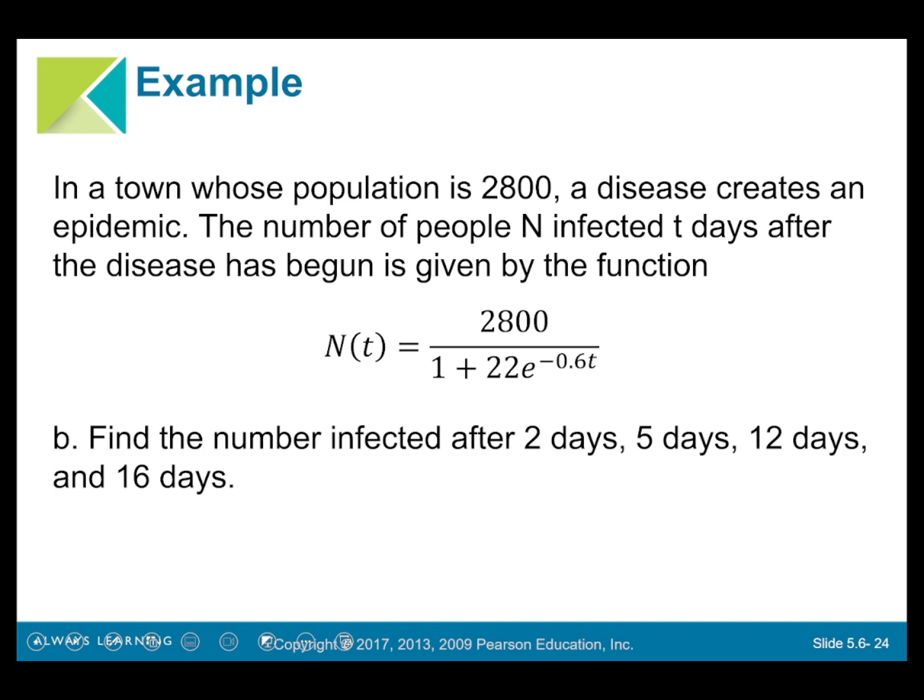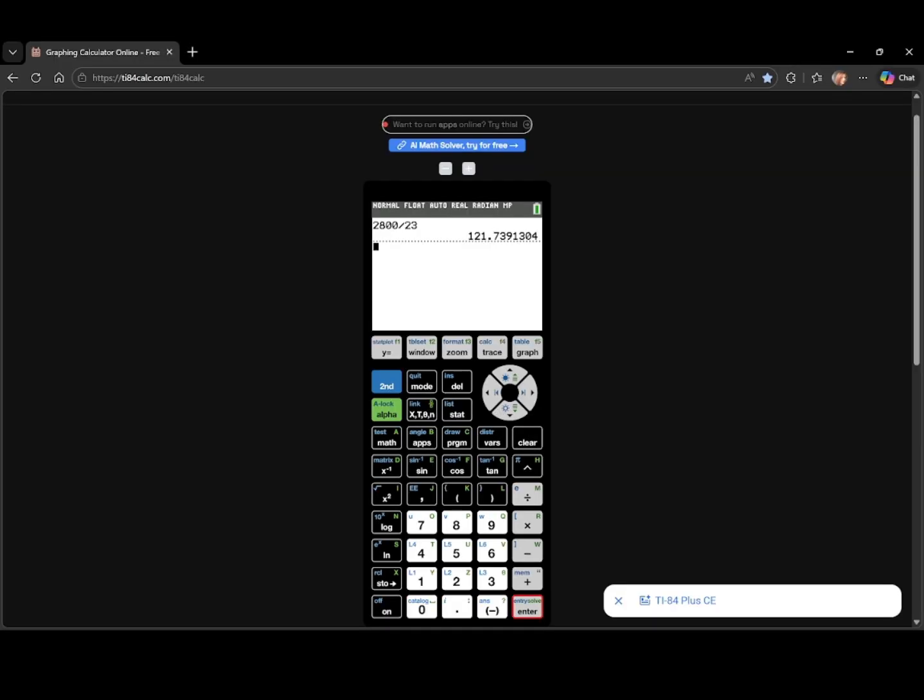Now, how many people are going to be infected after 2 days, 5 days, 12 days, and 16 days? Of course, I don't want to write all of these down and solve them by hand, so let's do this conveniently with our calculator.